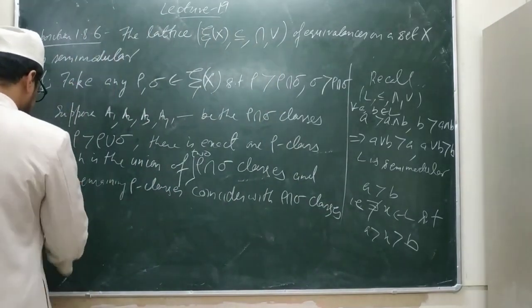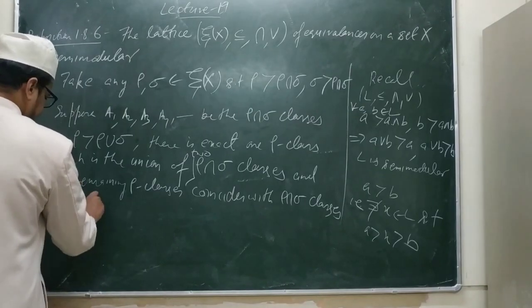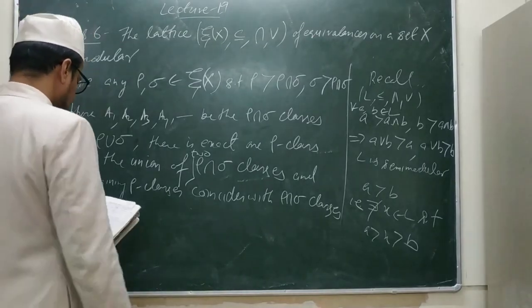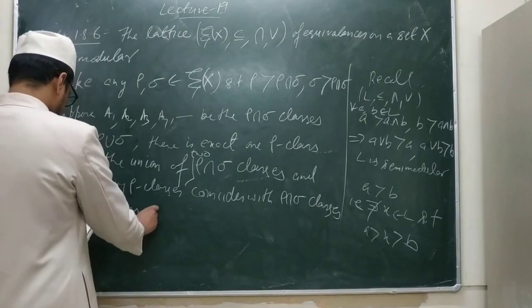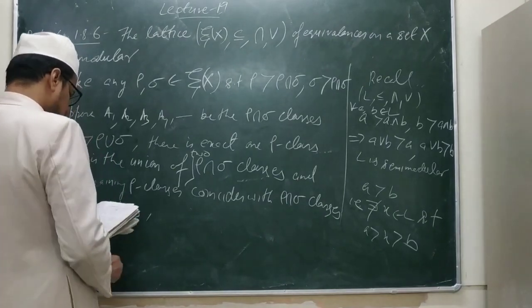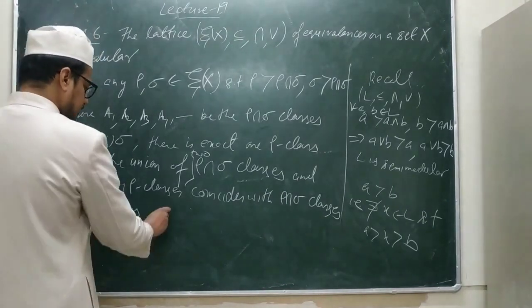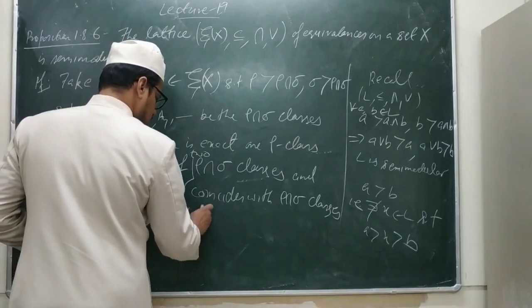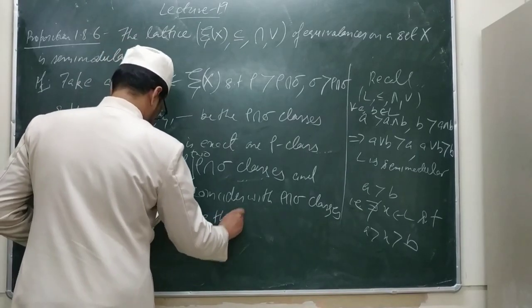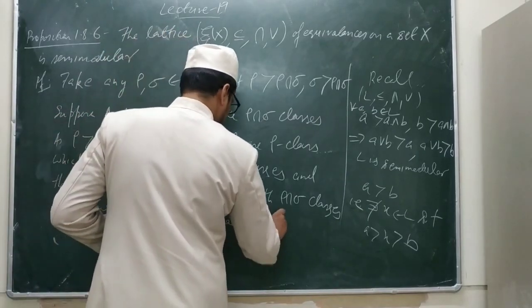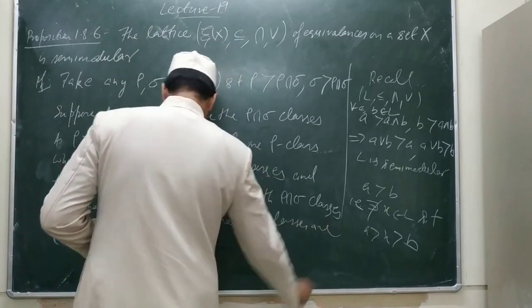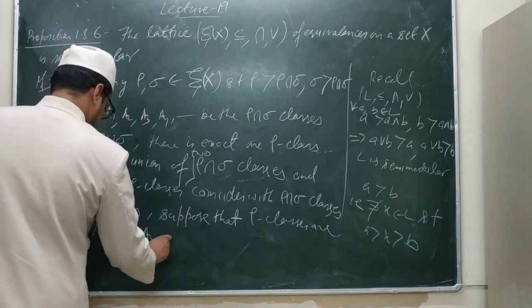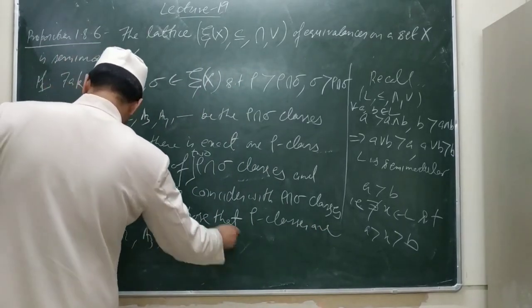So without loss of generality, suppose that rho classes are A1 union A2, A3, A4 and so on.